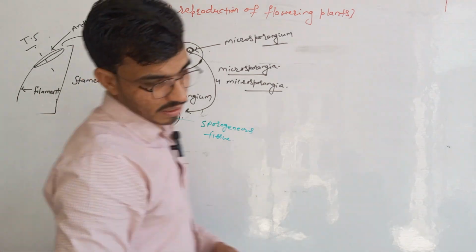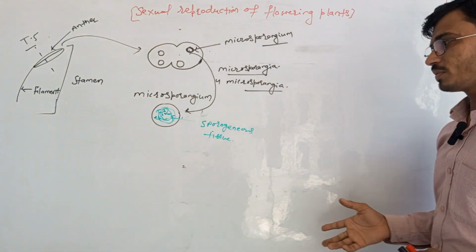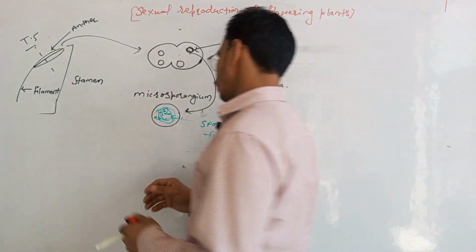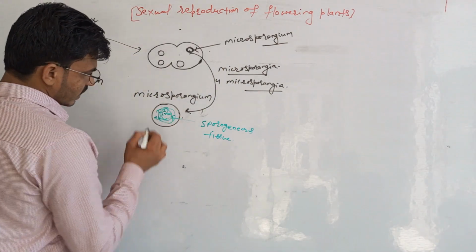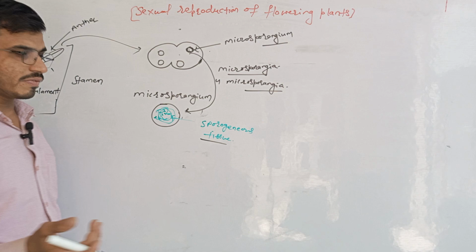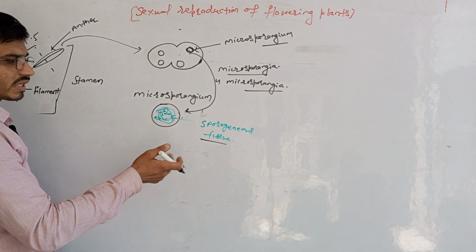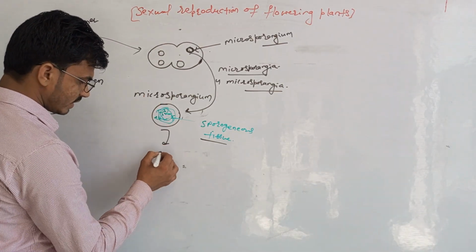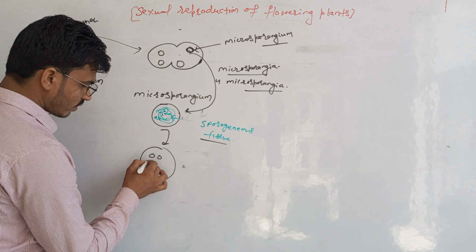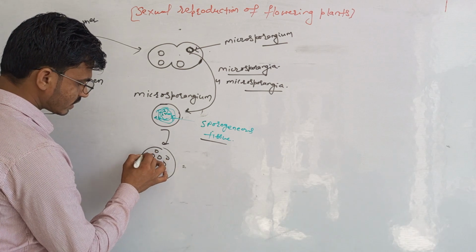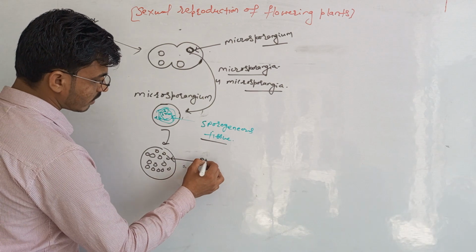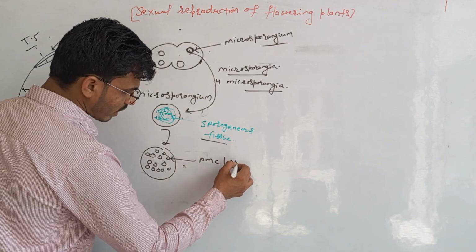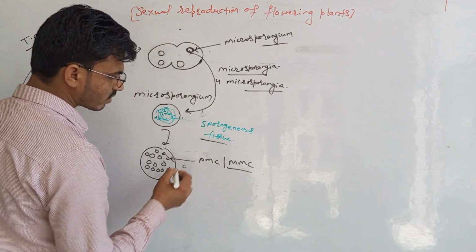We know that a group of cells is known as a tissue. This tissue consists of similar cells, which together are known as the pollen mother cell, or PMC, the microspore mother cell.